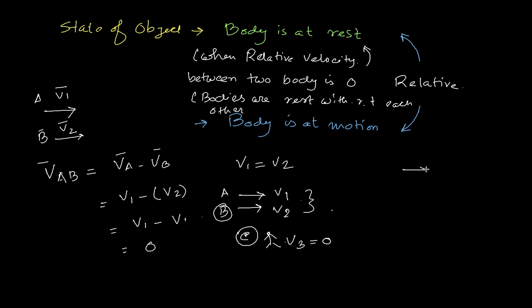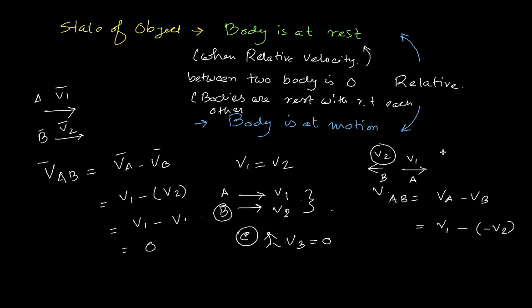Now if two bodies are in opposite directions, one with v1 and another with v2, then what is the relative velocity? This is particle A, this is particle B. So VAB is equal to VA minus VB. VA is equal to v1. VB is equal to minus v2, because velocity is a vector quantity, so it comes along with the direction.